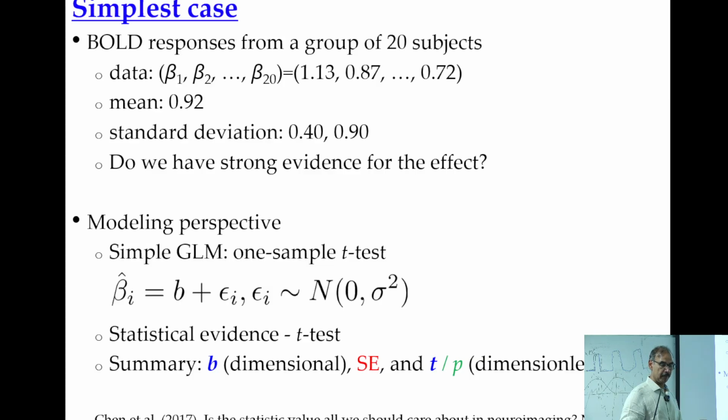So we can do a t-statistic to find out these differences, and the summary statistics would be the b value, the standard error, and we would estimate the t value and the p value from these data.